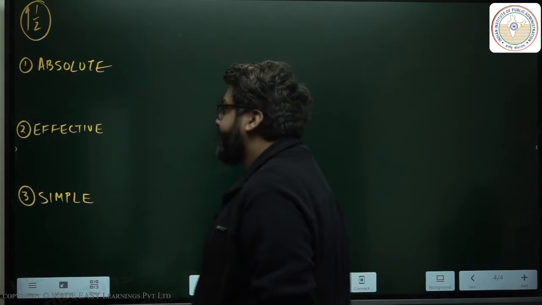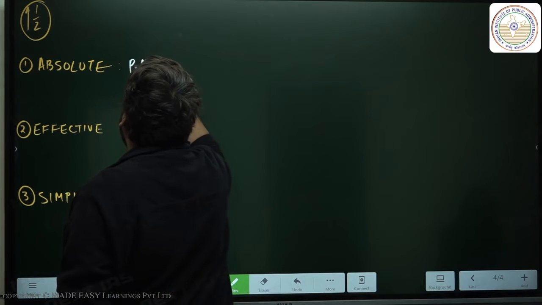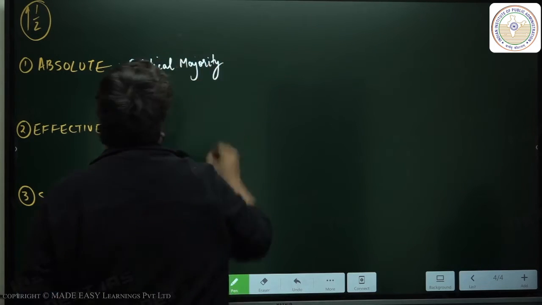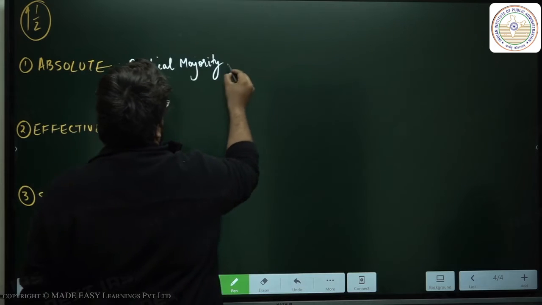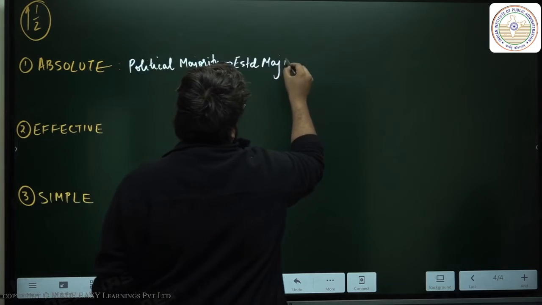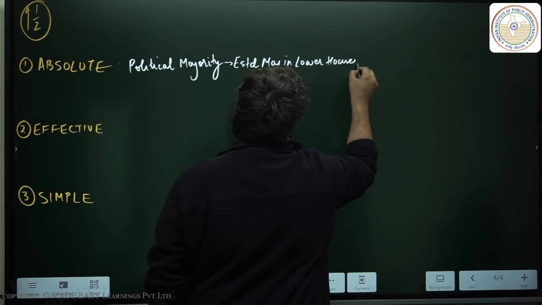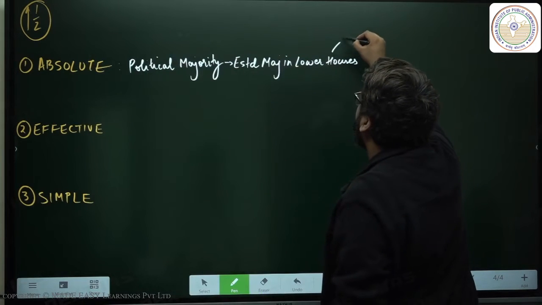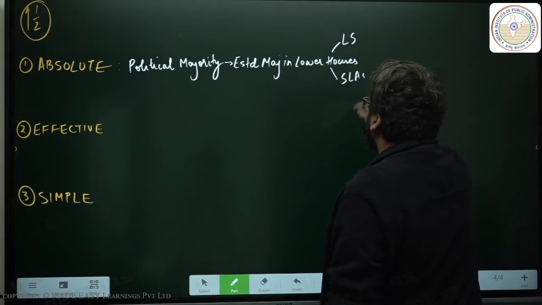So first things first, absolute majority is a political majority. It is only and only used to establish majority in the lower houses, which means it is used only in the Lok Sabha and also in the state legislative assemblies.